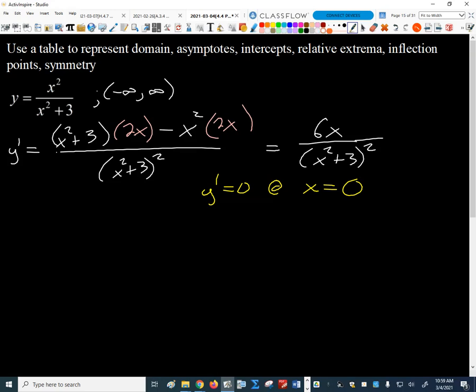Let's calculate the second derivative. And so we'll use that form right there, our simplified quotient, to calculate the second derivative. And what am I going to get for my second derivative here? Daisy. Gonna have to do another quotient, aren't I?